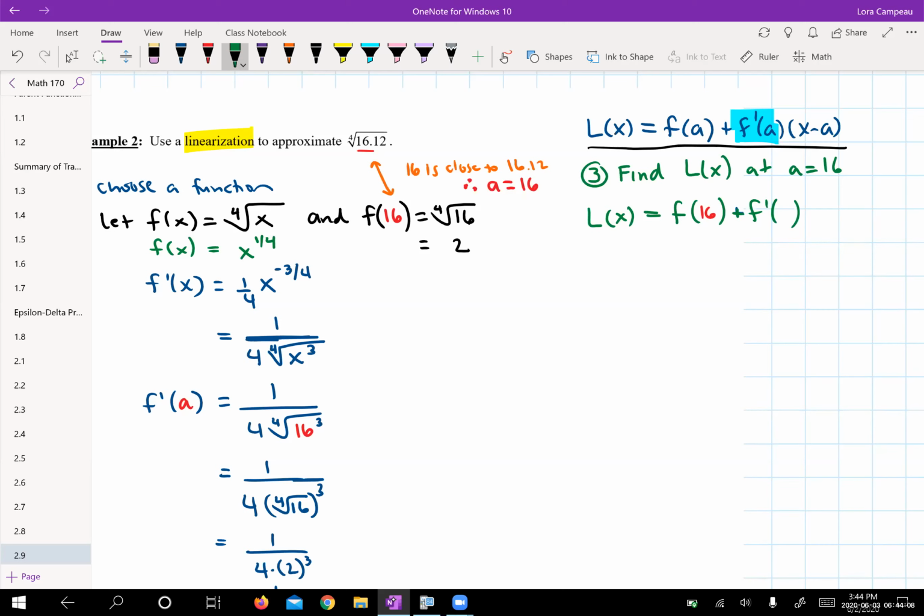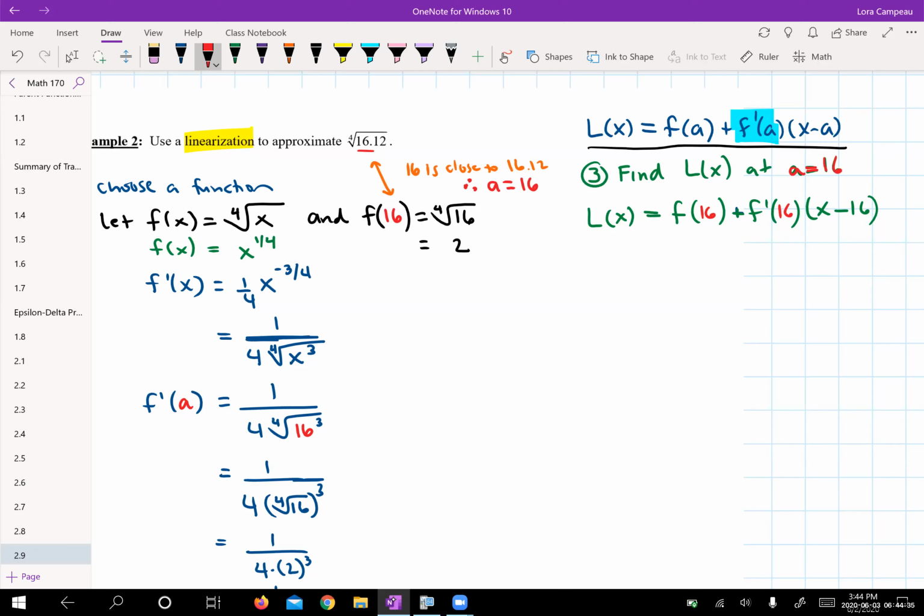In this case, this was also f prime of 16 times x minus 16. And again, remembering, we plugged in a to the linearization, not x. So be careful, we tend to get confused.